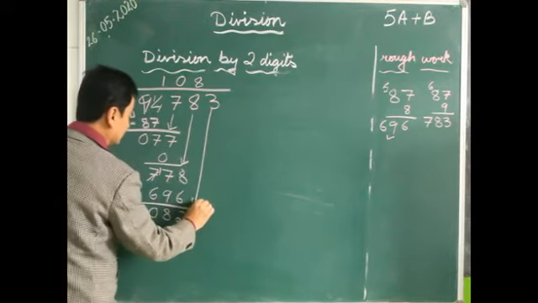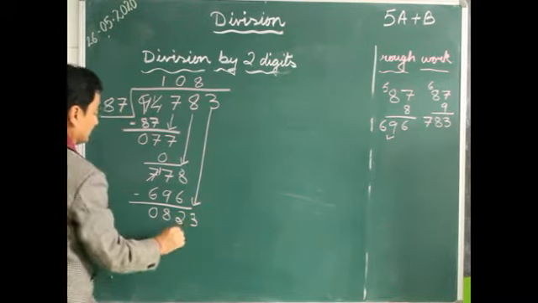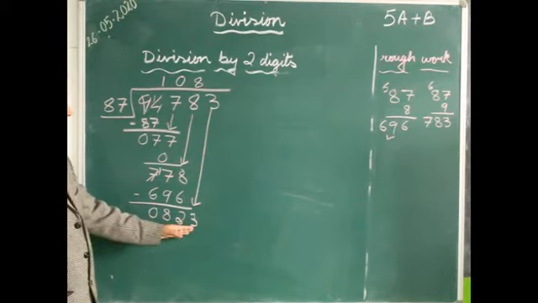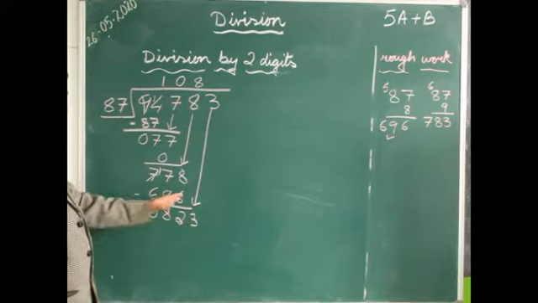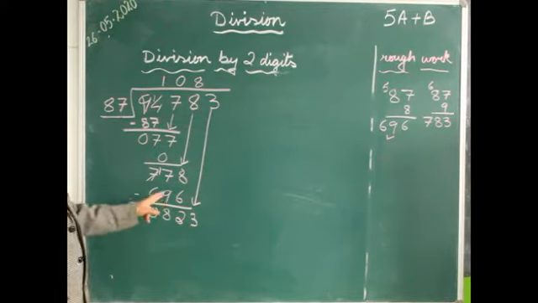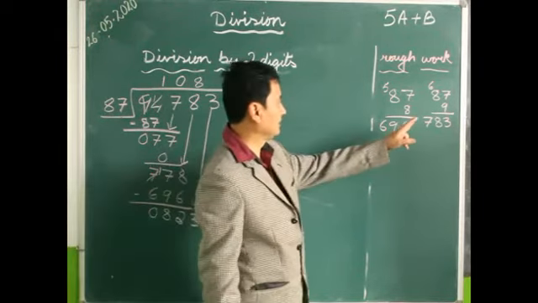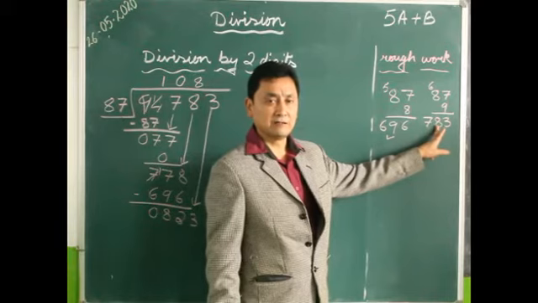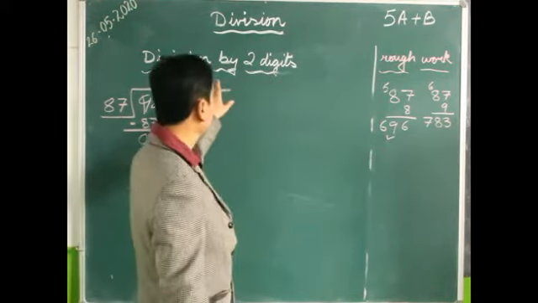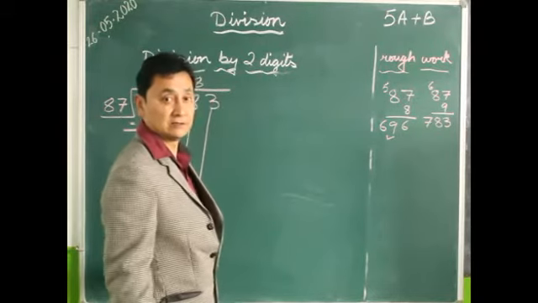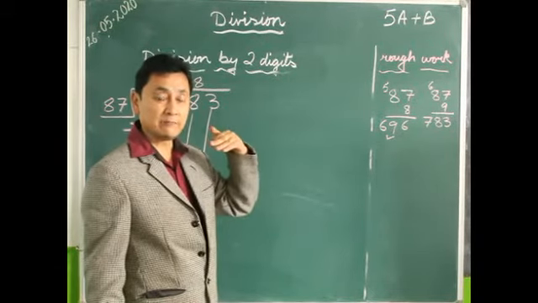Bring down 3. So we have here 823. Okay? So 8 will go into 800 times 1. But over here when you multiply with 9, you got this answer. The answer is all written here. Remember that 2 digits should never come here. It should never be 87 tens. The numbers always stop at 9.